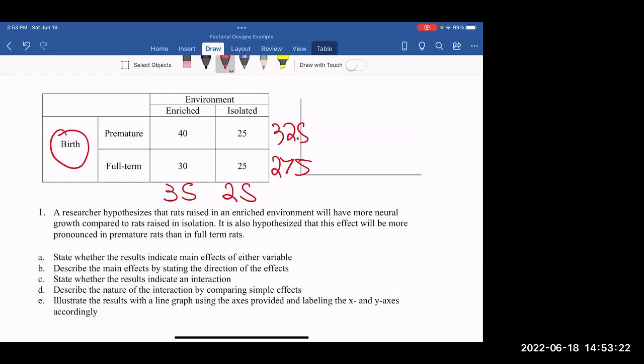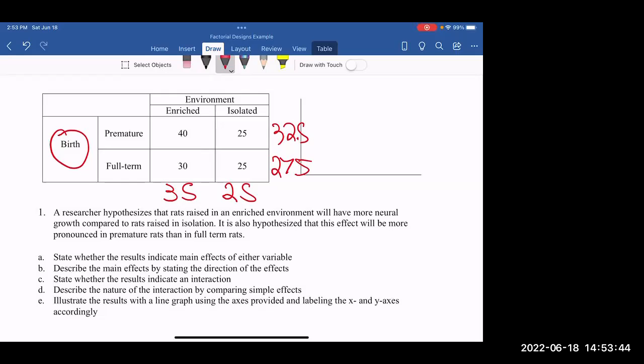So here we see that collapsed across both levels of environment, does the mean neural growth for premature rats differ from the mean overall growth for full-term rats, right?